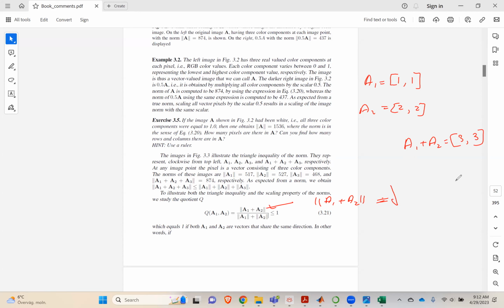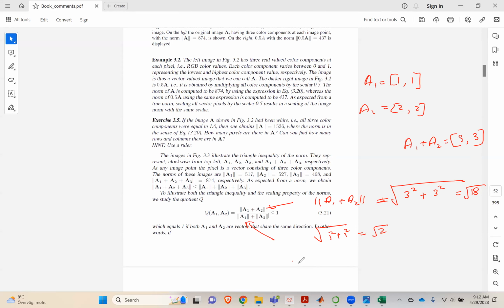When you take the L2 norm, it's the same as Euclidean distance. So you take the first one squared and the second one squared, you get 9 and 9, 18, square root. For A1, it's 1 squared plus 1 squared, that means square root of 2.